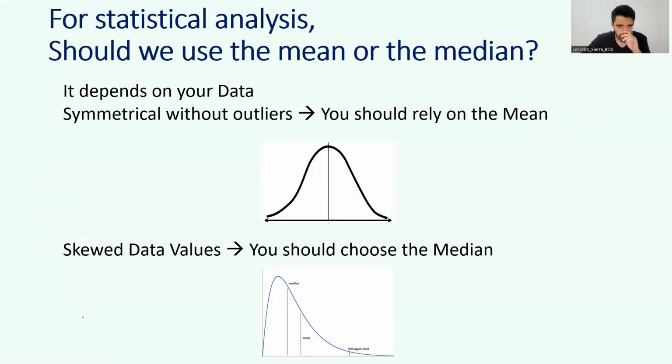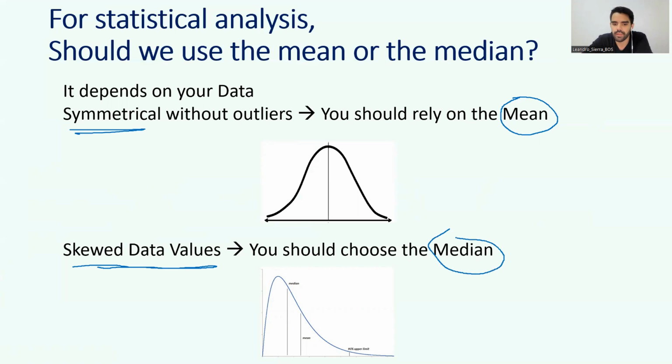So for a statistical analysis, should we use the mean or should we use the median? That is the question of the topic, actually. It depends on how your data is distributed. If it is symmetrical, you should rely on the mean. You shouldn't use the median if your curve is symmetrical. But if you have skewed data values, you should use the median. Why?